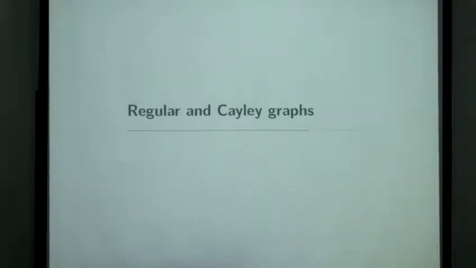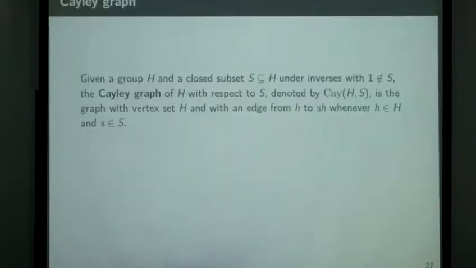Here we consider the symmetry breaking for regular and Cayley graphs. All of you know the definition of the Cayley graph. Given a group H and a subset S closed under inverses, which does not contain 1, the Cayley graph denoted by Cay(H, S) is the graph with vertex set H and edges from h to sh.